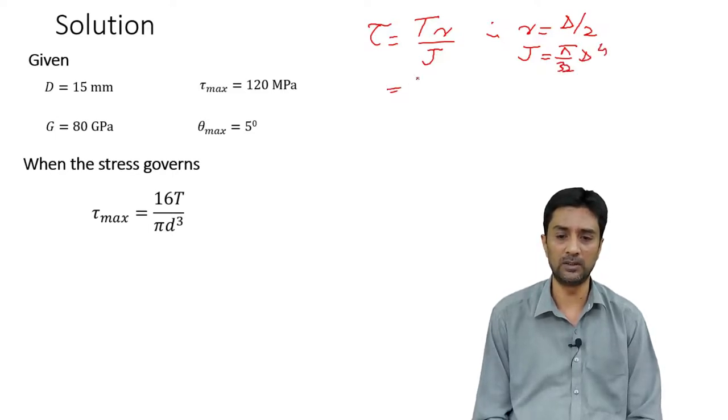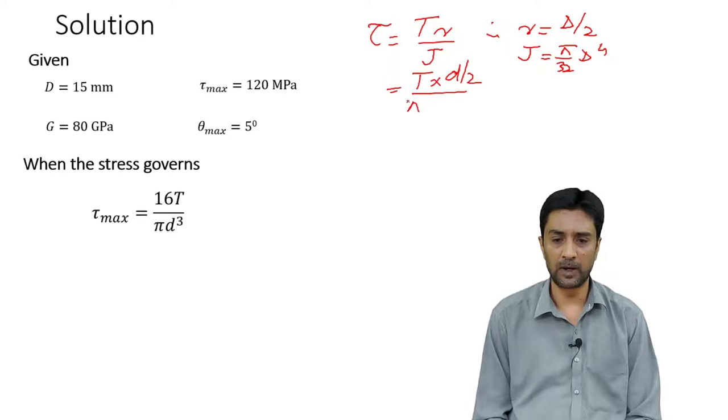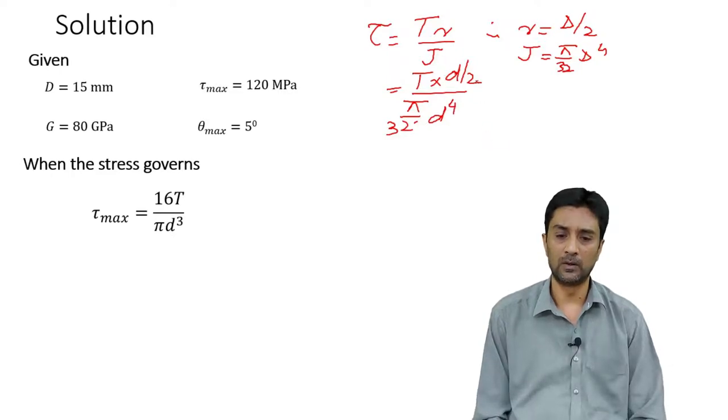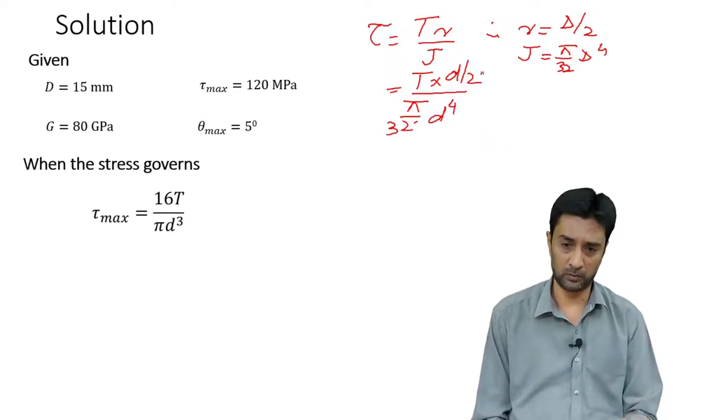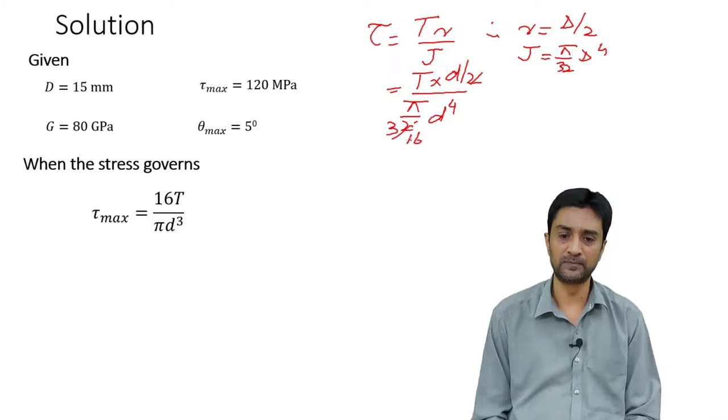So putting in this T into, let me use the small d, pi by 32 D to the power 4. So what will this do? This 2 times this would be 16, and this 16 will come on top, so that will be 16T.